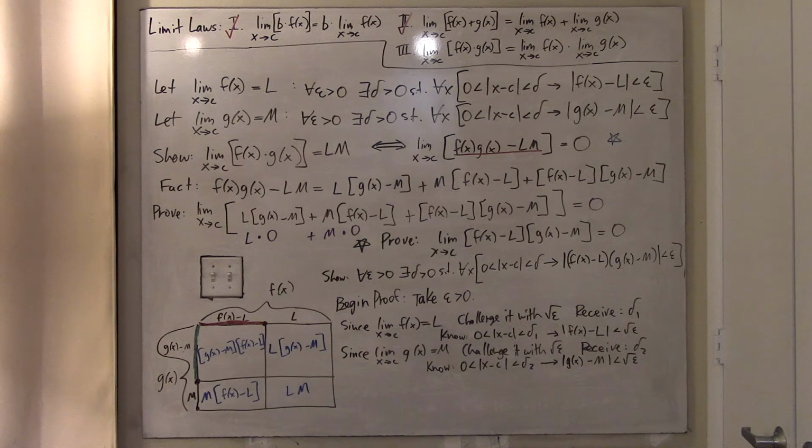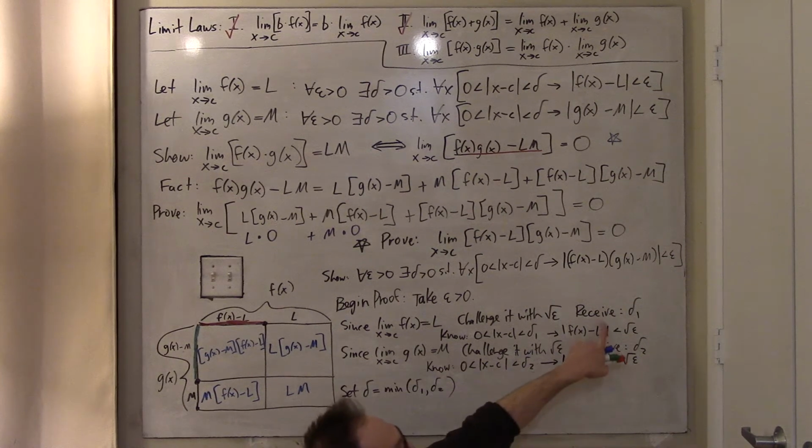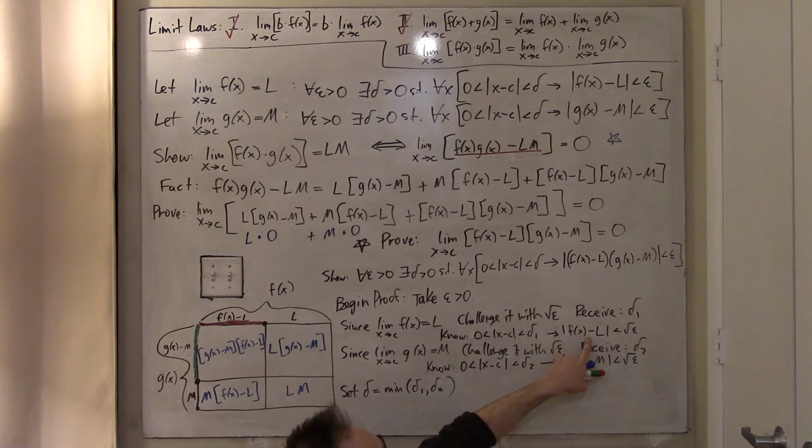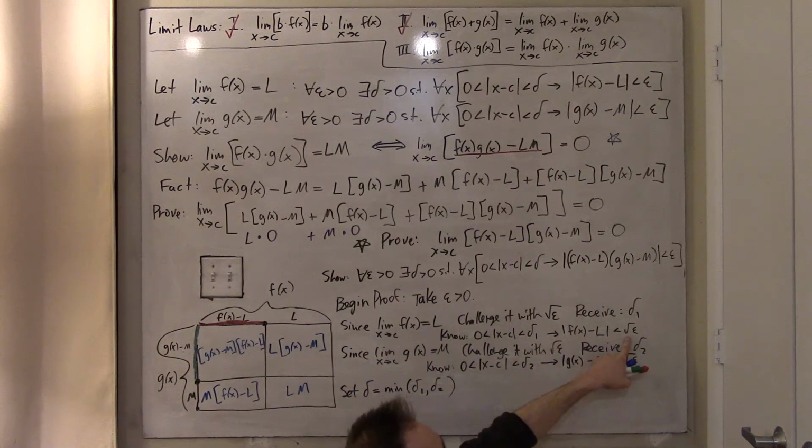Okay, now finally, I'm ready to respond. And here's my response. Just like before, I'm going to set my delta to be the minimum of delta 1 and delta 2. Delta 1 is how close I need to be to c so that the gap between f and L is less than the square root of epsilon.